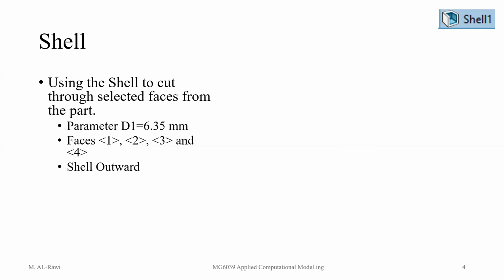First, the parameter for shell should be D1 6.35. So put 6.35 millimeters in shell instead of 10 millimeters. And it must be shell outwards. Tick that one, there is a box, shell outwards. Now we need to select the faces.